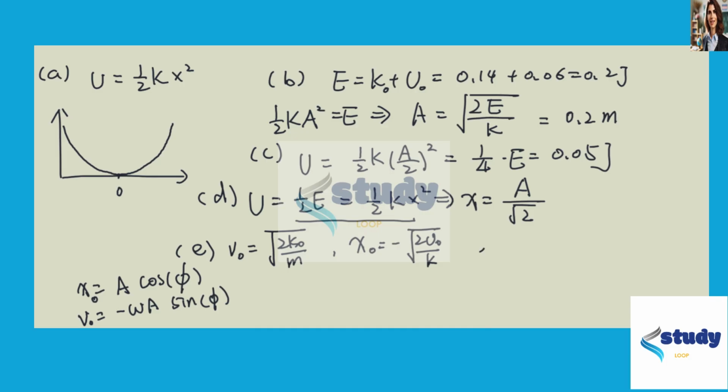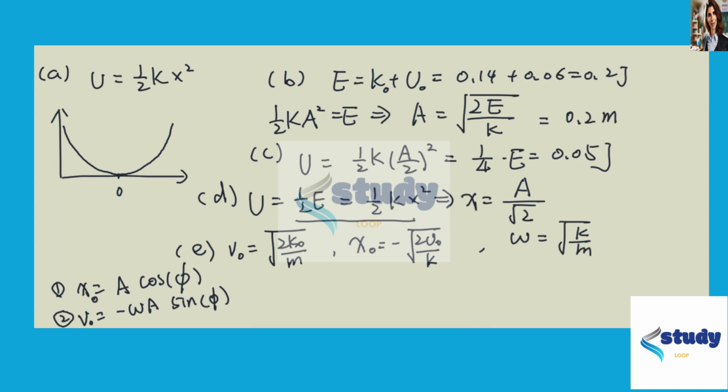Also, we know that the angular frequency is square root of k over m. So we can replace this omega by square root of k over m. Right? So now, this is equation 1, this is equation 2.